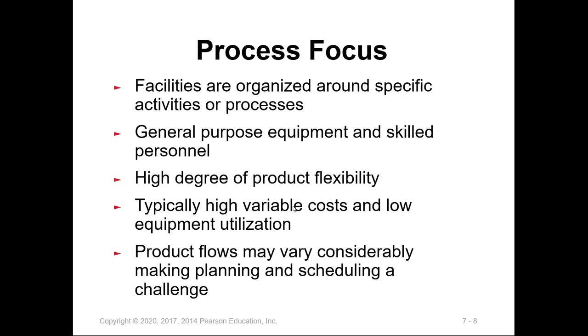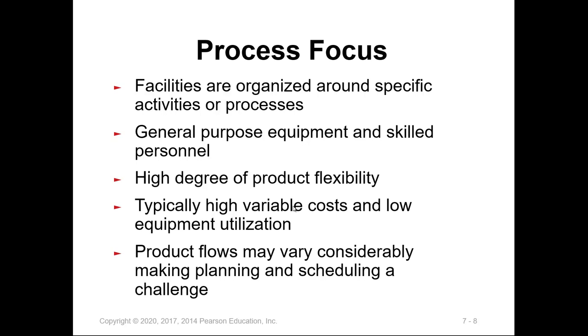So again, for process focused strategy, facilities are organized around specific activities or processes. You need general purpose equipment and skilled personnel to execute the different activities or processes. It involves a lot of customization, which gives the product a high degree of flexibility, typically high cost and low equipment utilization.